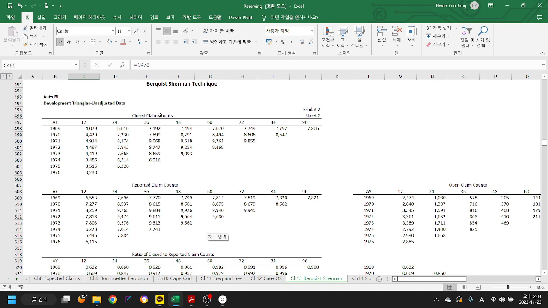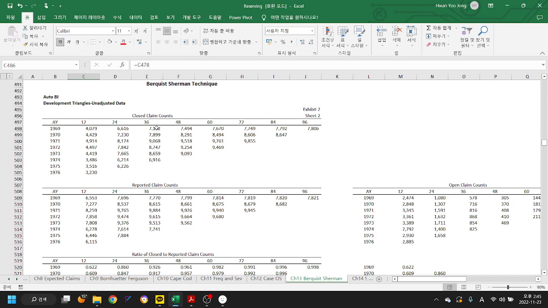let's look at the closed claim count. Out of whatever number of claims occurred for each accident year, I keep track of only the closed claim count. If I do that until the ultimate, eventually I get the total number of closed claims, and I can conclude that all those claims that have been closed probably occurred in this specific accident year.